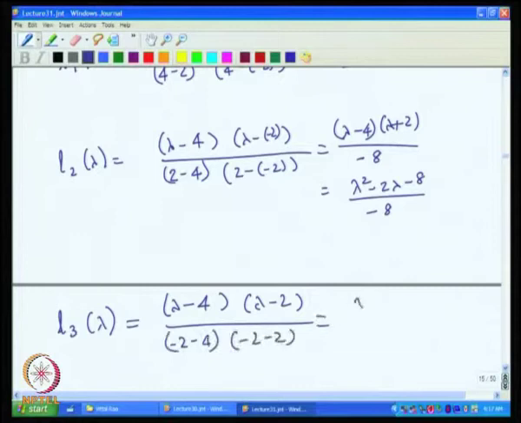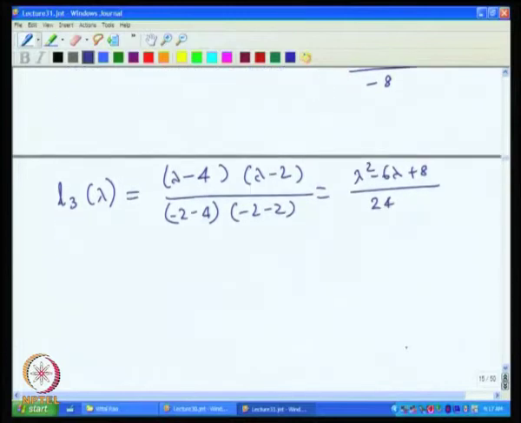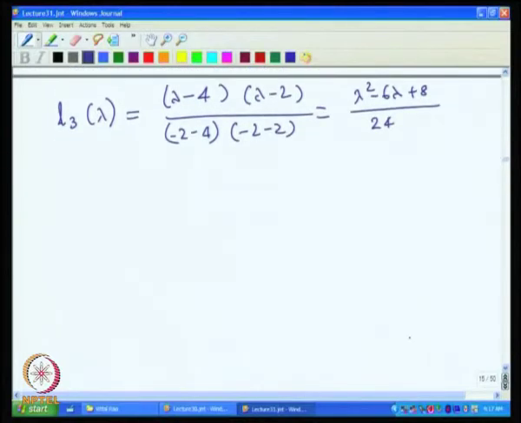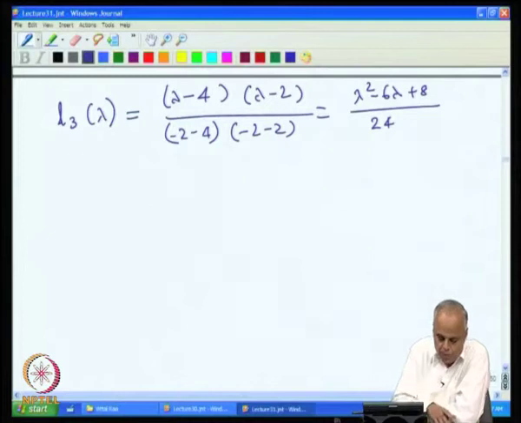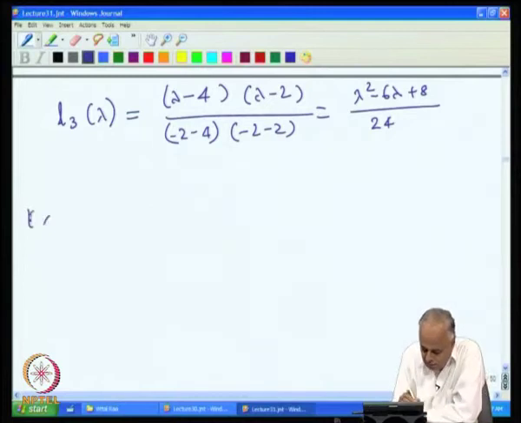This is equal to lambda squared minus 6 lambda plus 8 divided by minus 6 into minus 4, which is 24. Whatever the simplification, we have got these three Lagrange interpolation polynomials. Let us look at another example.